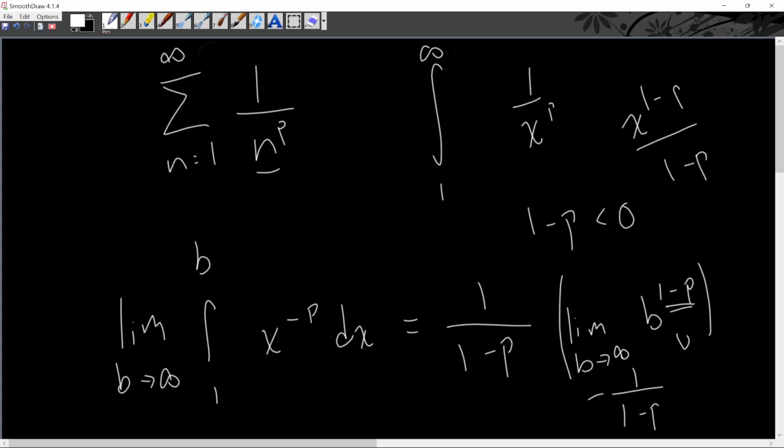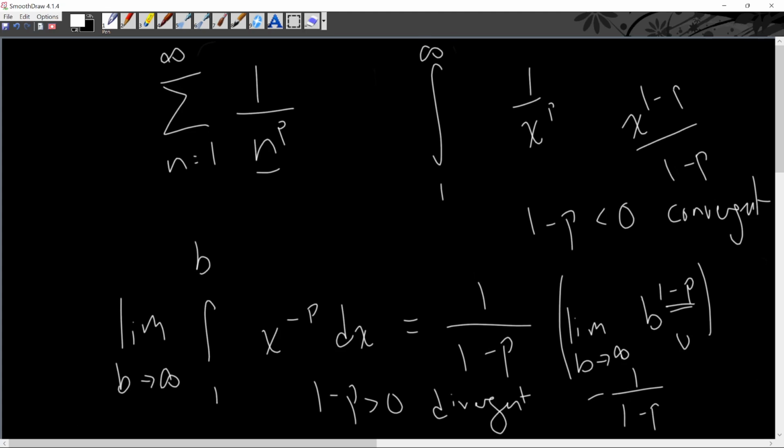So 1 minus p less than 0 is convergent. And if 1 minus p is greater than 0, we will say that this is divergent, because if you raise b to a 1 minus p that is greater than 0, you are going to have a positive exponent, which would get you infinity when you plug in infinity.